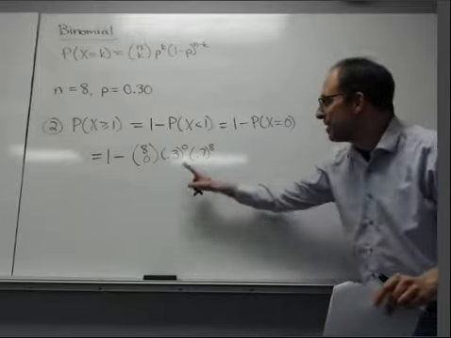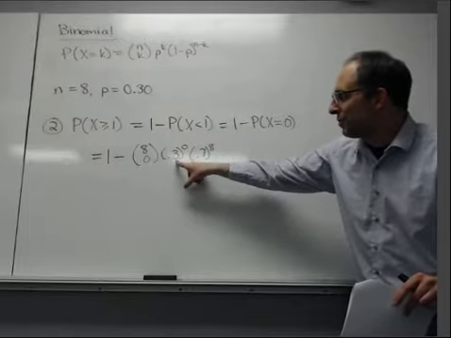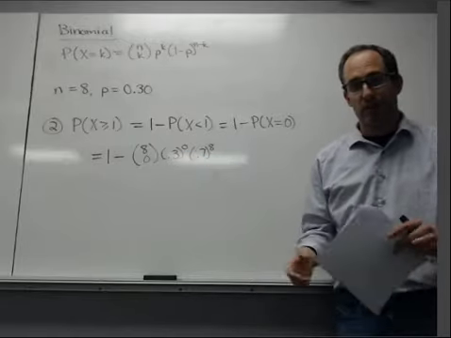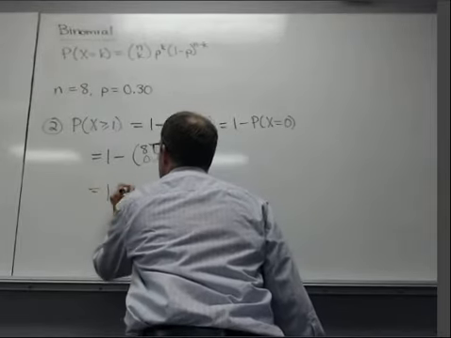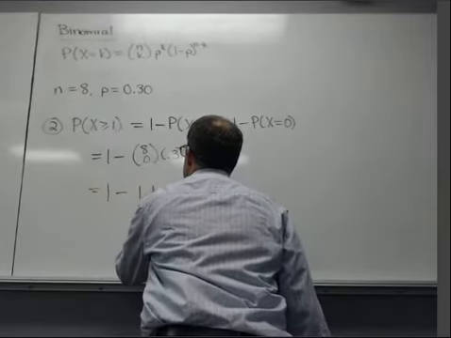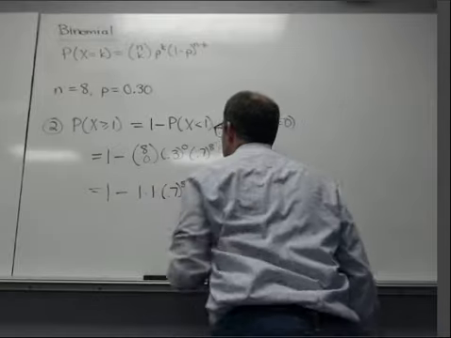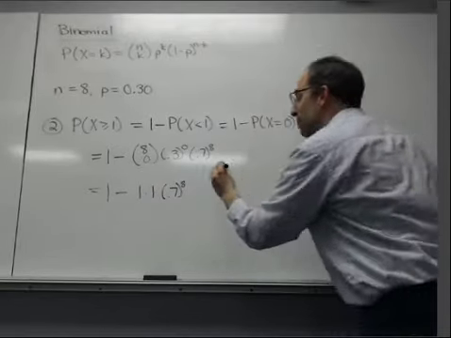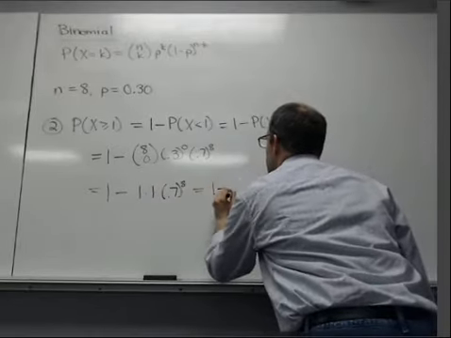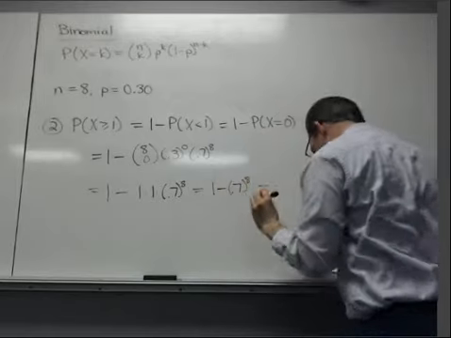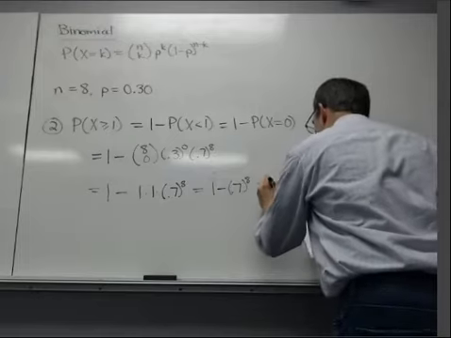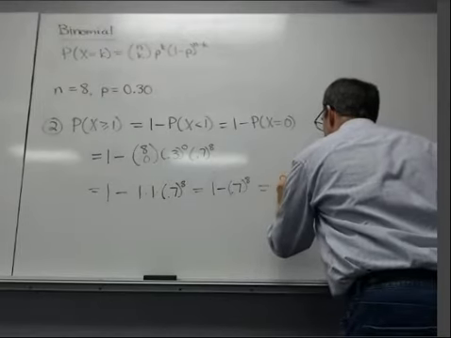That's it. This term right here is also a 1, since anything raised to the 0 power is going to be 1. So what are we ending up with? We're going to have 1 times 0.7 to the 8th for the probability that x equals 0. So this is really just 1 minus 0.7 to the 8th, and what you end up with is 0.9424.